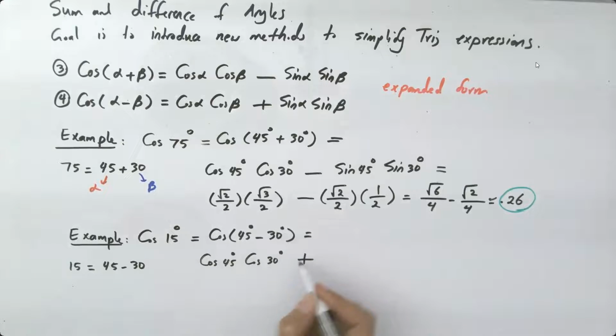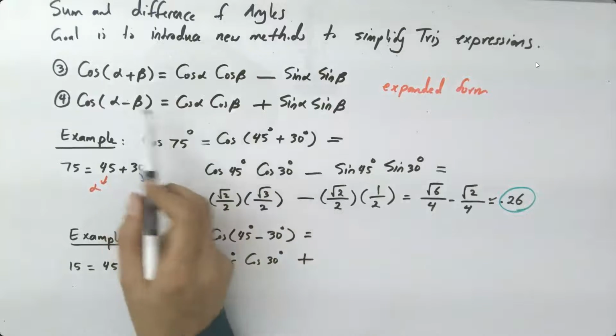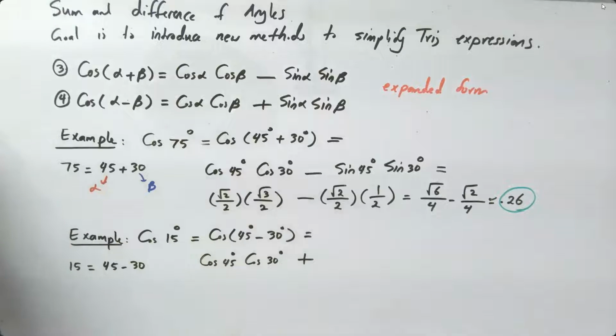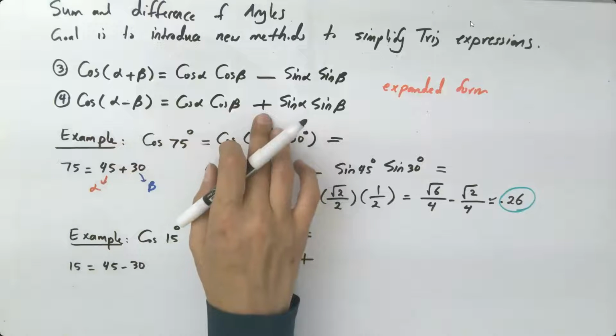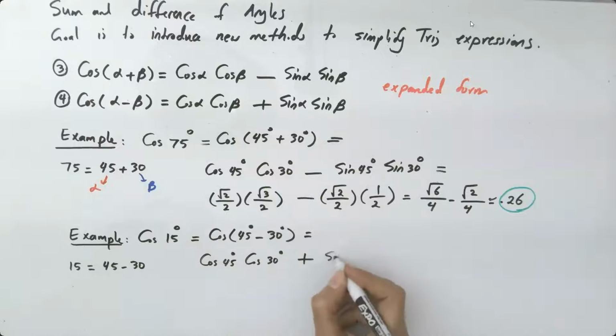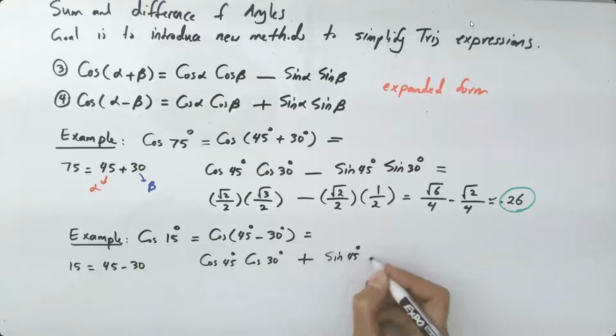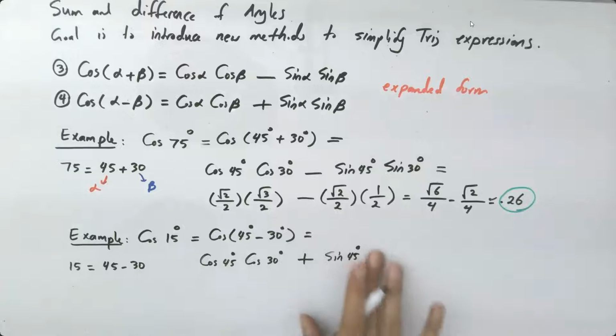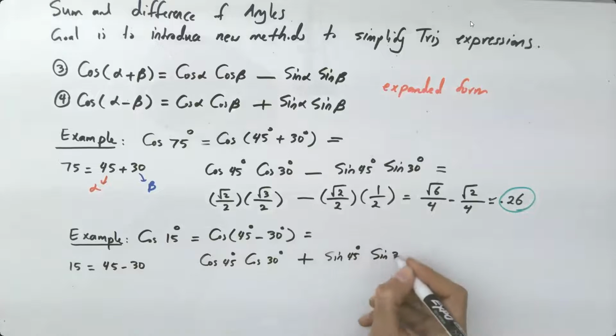Now plus, guys, be careful about the signs here. When you're having subtraction between angles, the operation becomes plus, addition. So plus sine of 45 degrees times sine of 30 degrees.